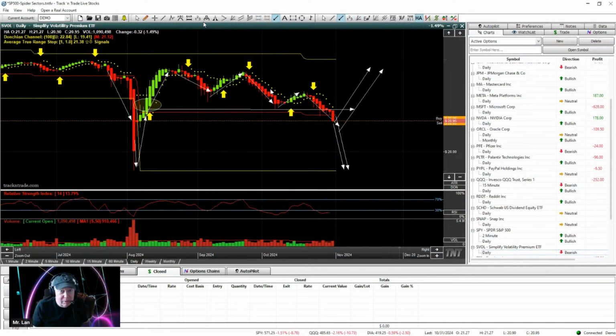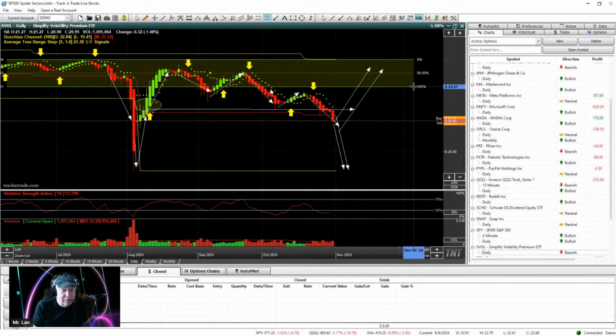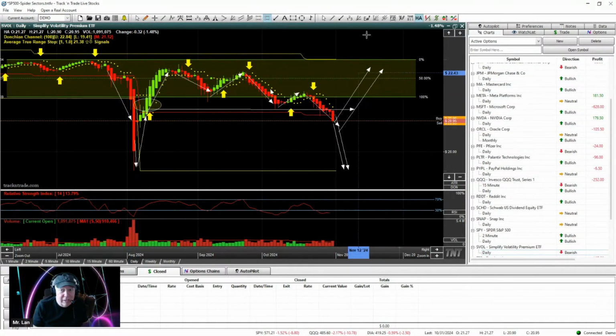I'm expecting it to come all the way back up into here. I think it should come back up into here. And if that's the case, that'll be good. I'll be okay. Of course, if it just keeps on going and going and going, the country burns, burn, baby, burn, I'll be in trouble.